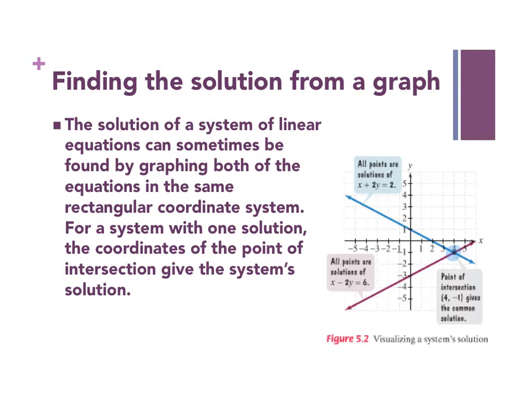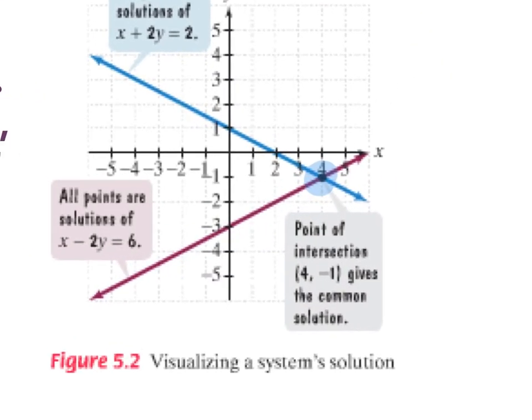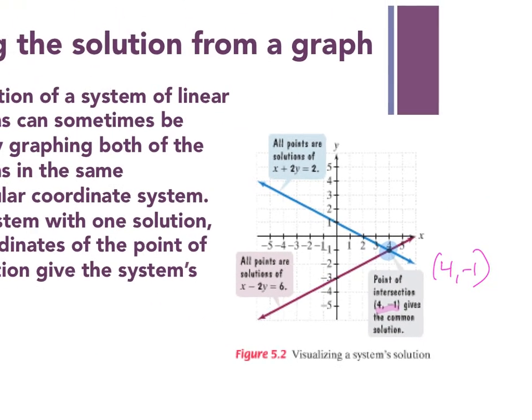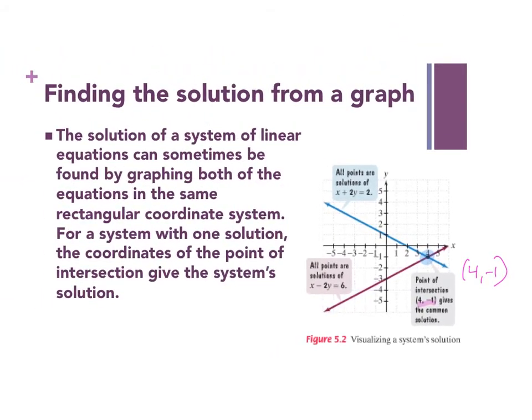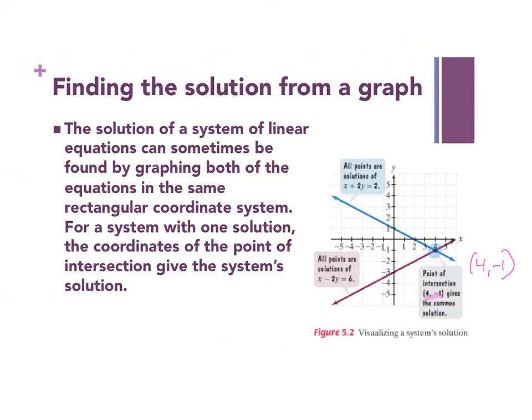So in this case, this little spot here where these intersect is my answer, and then this is for -1, so my answer would be written exactly like that for -1. So sometimes you'll be asked to graph it and then find your answer by hand. Sometimes you'll be asked to graph it on your graphing utility and find your answer, and sometimes you'll be asked to solve it using substitution and then check it with the graphing utility.